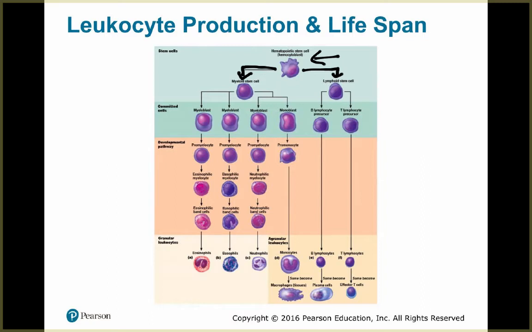And so once you have the myeloid, we're going to start on this side here, that myeloid stem cell is going to make all the granulocytes along with the monocyte, okay? And so once we have this myeloid cell, basically it divides and it changes into a myeloblast, if you see here, right?